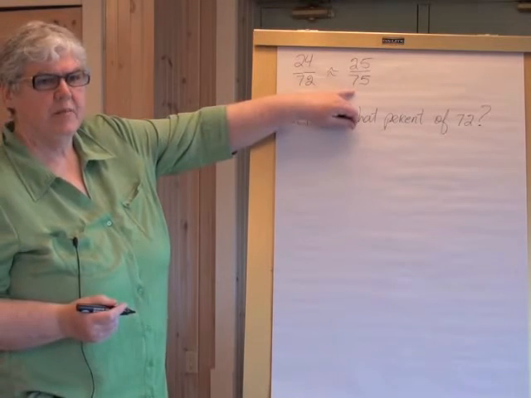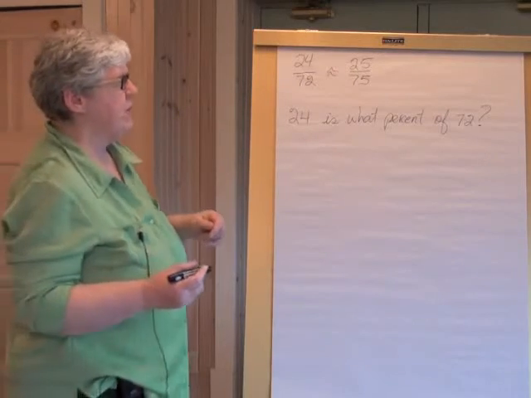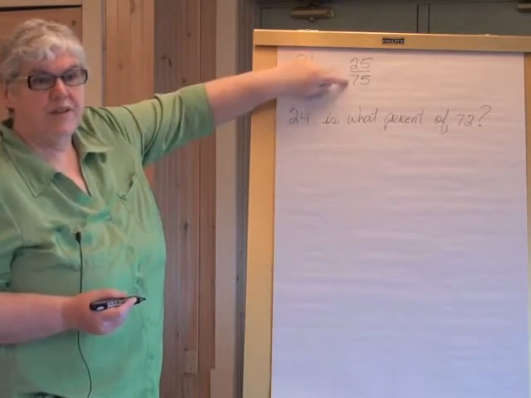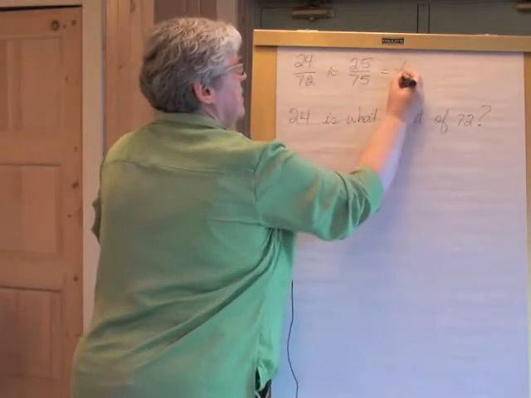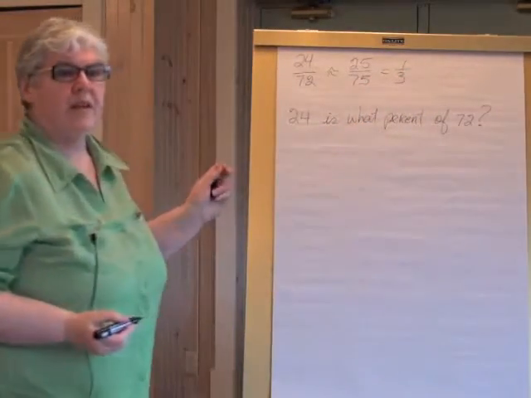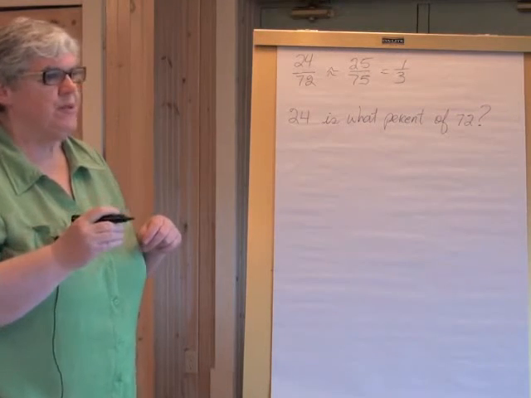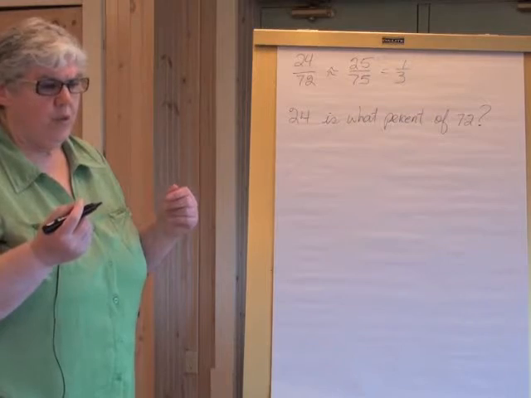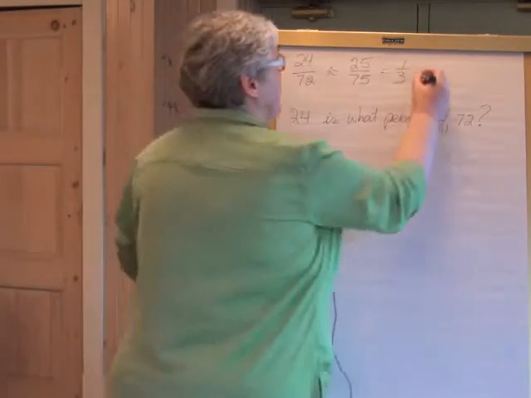I've made the pieces a little bit smaller, but I've got one more of them, so I'm hoping that will be just about right. I know that this one is easy to reduce. That's equal to 1/3. And I know from my baseline fractions that we've been working on, my baseline percents, that 1/3 is about 33%.